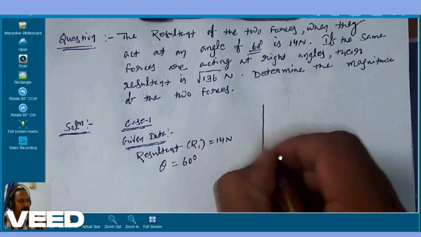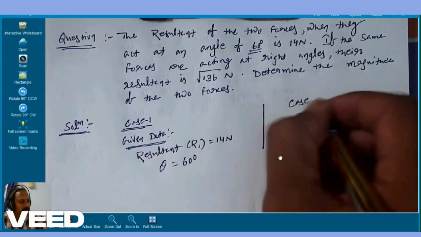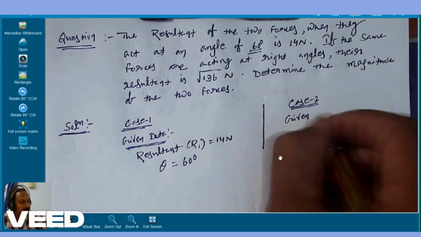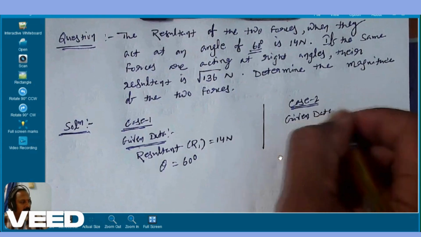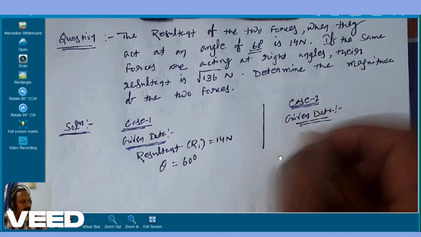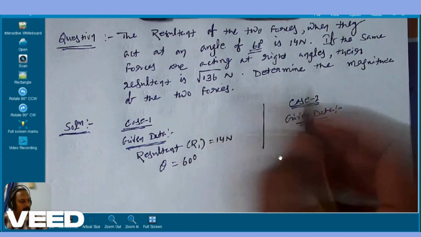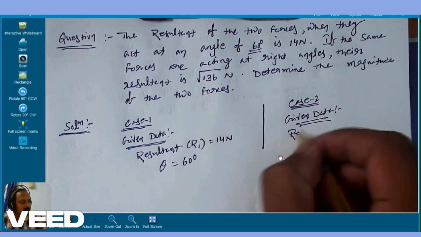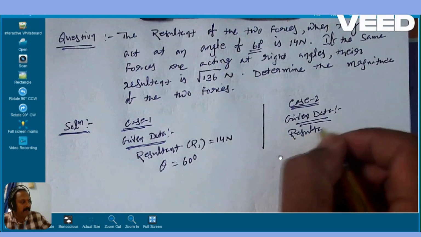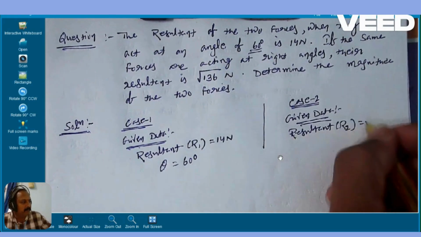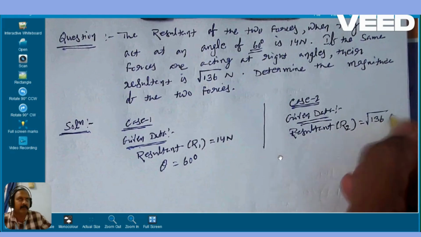Now coming to the second case, the same forces, when the angle between the two forces is a right angle, then the resultant is root of 136 Newton, that is given. So in the second case, let us take the resultant as R2, which is root of 136 Newton.